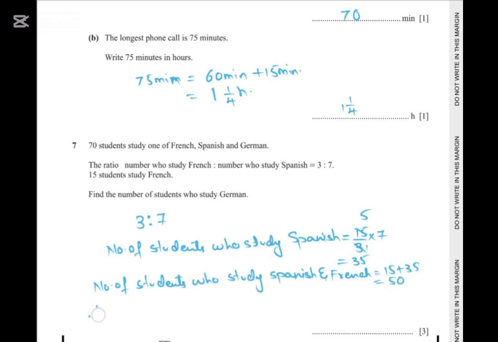Therefore the number of students who study German is 70 minus 50, which is 20. So the answer is 20.